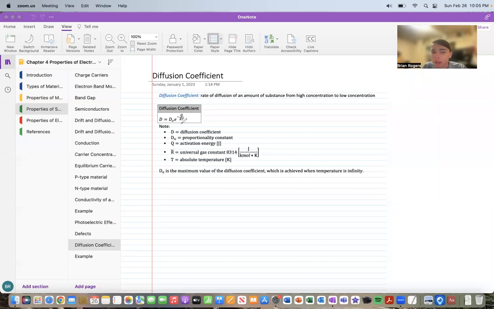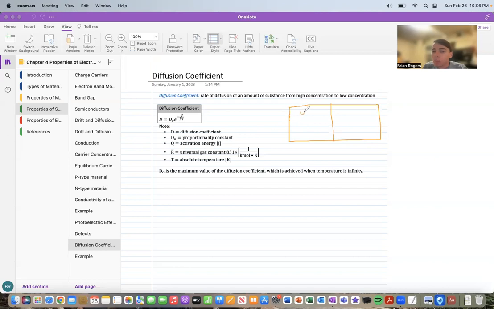It's going to be determined by the diffusion proportionality constant multiplied by e to the negative Q all over the universal gas constant times the temperature. And so what we're going to notice here is that the diffusion coefficient can be calculated in order to determine how fast that diffusion is happening between our p and our n-type materials.